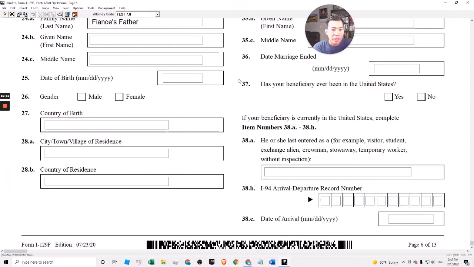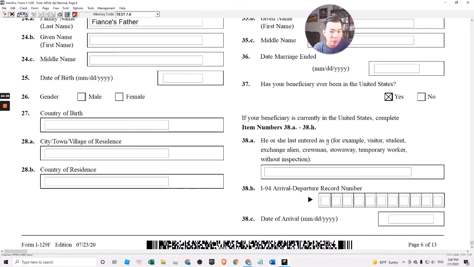And question 37, very important. Has your fiancé ever been in the US? For example, she or he has been here a couple of years ago as a student or as a visitor. You complete here, yes or no. If no, you don't have to worry about the next section.